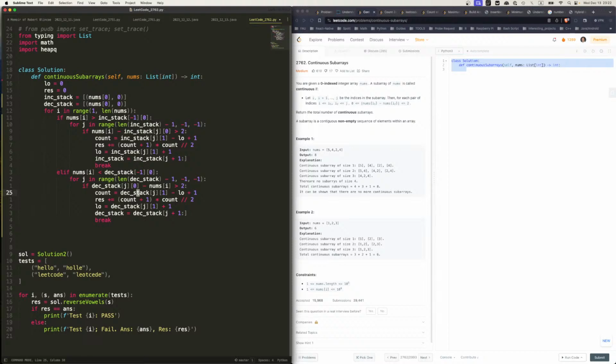I know. But we have to, because if the current one is smaller, there really is no way for us to know. But how do we handle the low? It shouldn't matter, right? The low should be the same low. It doesn't matter if you are in the increasing or in the decreasing.